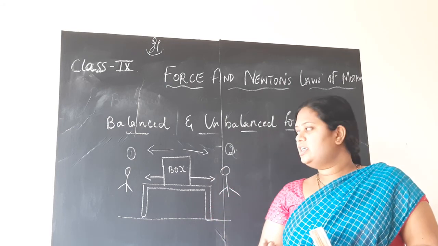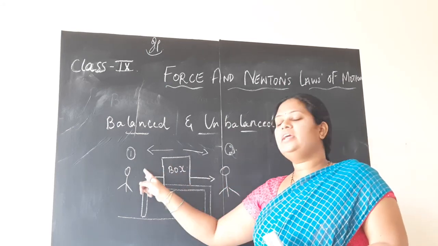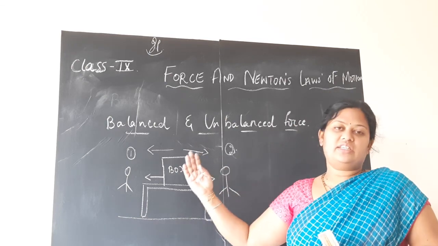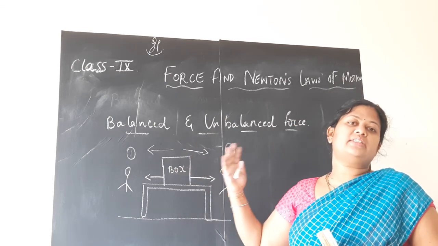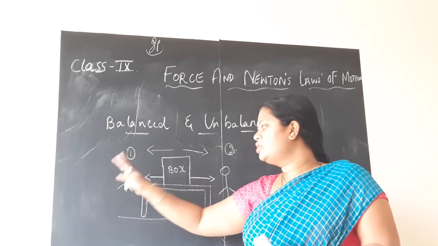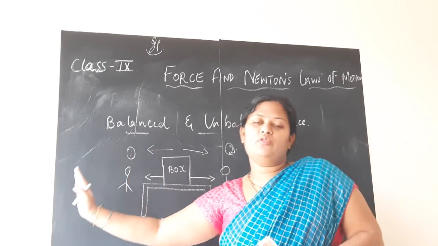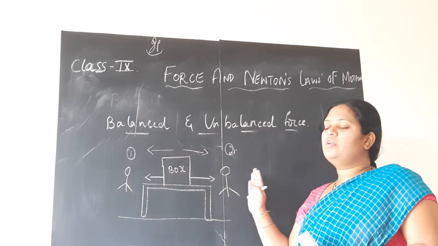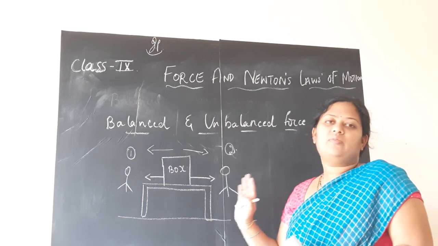First, if they are applying equal amounts of force from both sides, the box will remain stationary, in the state of rest. If the first person applies more force, the box will move towards the left. If the second person applies more force, the box will move towards the right.